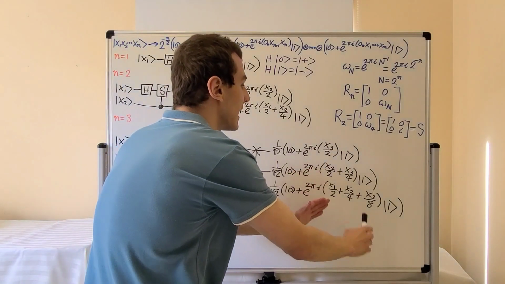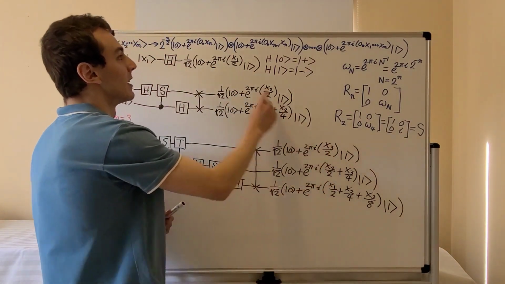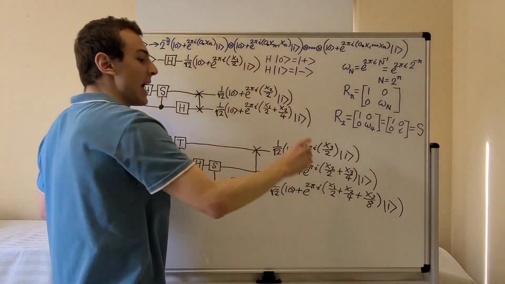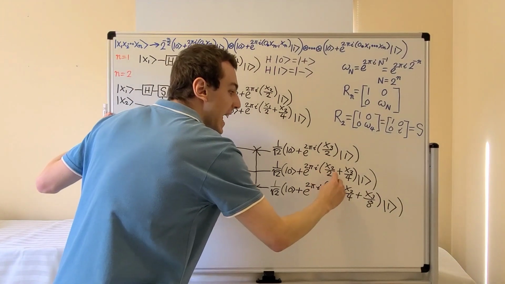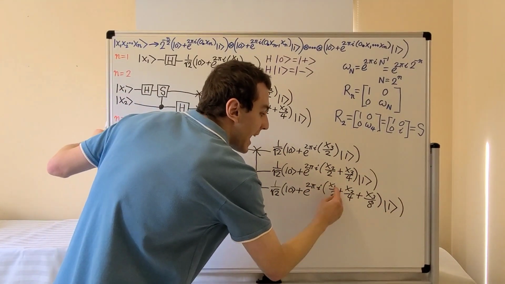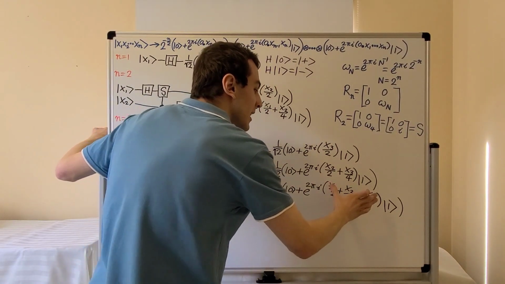So we can write this in decimal format. We can see that this is 0.x3. So that would be n equals 3 over here for this case. So we have 0.x3. And then the next one is 0.x2x3. And then the last one is 0.x1x2x3. And this is the entire sequence over here.